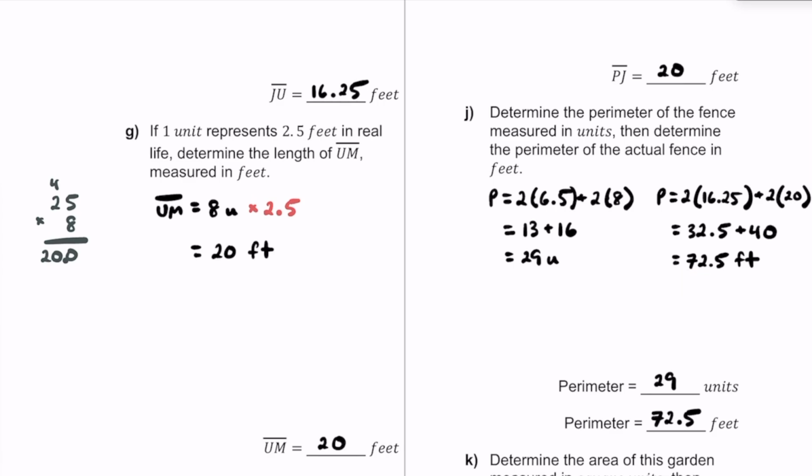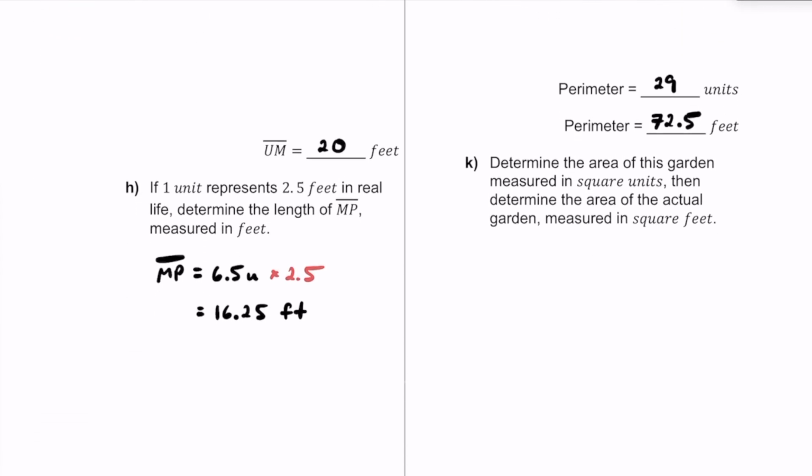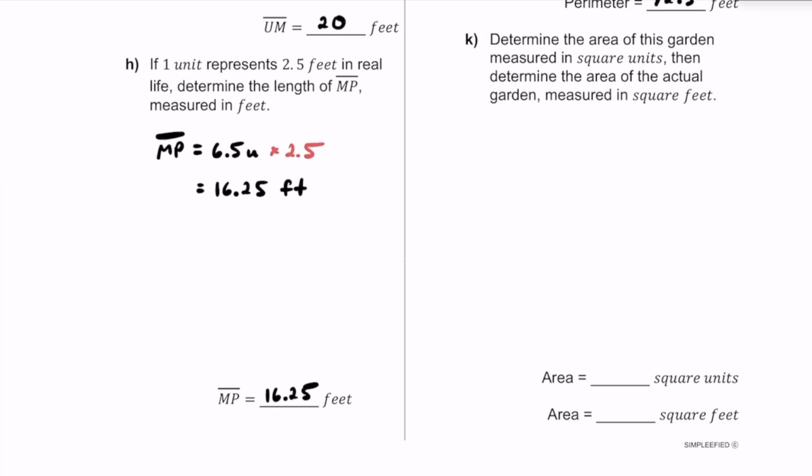Okay, cool. Now let's go on and try the area. We're going to find the area of the trampoline in terms of its sketch in square units. That's on the coordinate plane, and then convert that into square feet in actual real life here. So for area, it's going to be length times width. In terms of units, I think we had 6.5 units, but we're going to multiply that by the other dimension, which is going to be 8 units, right?